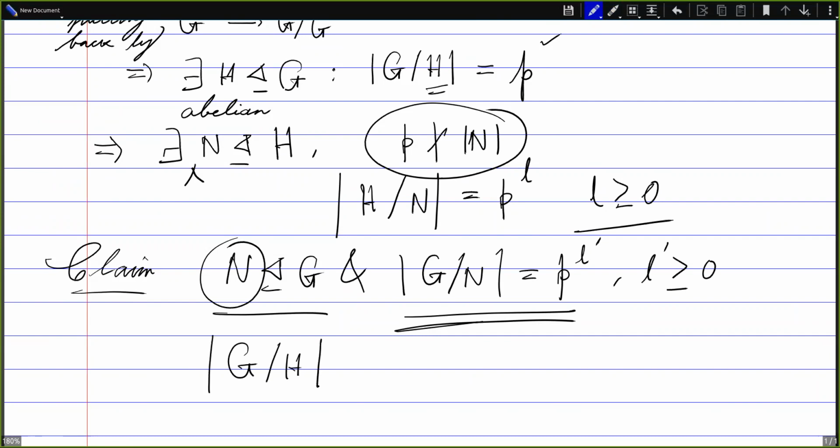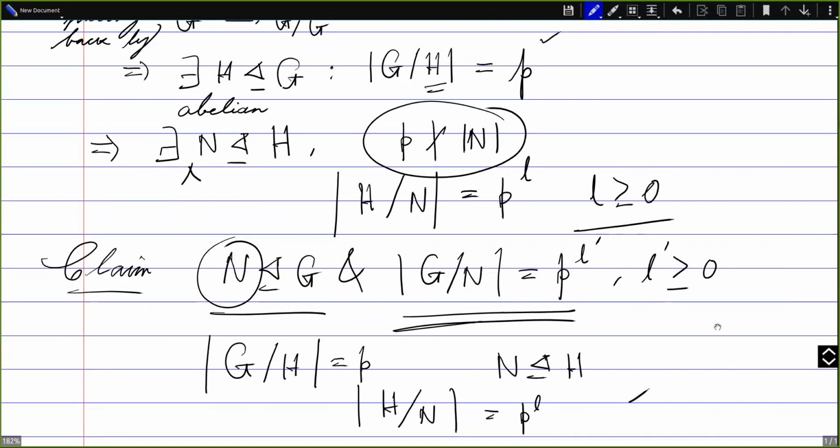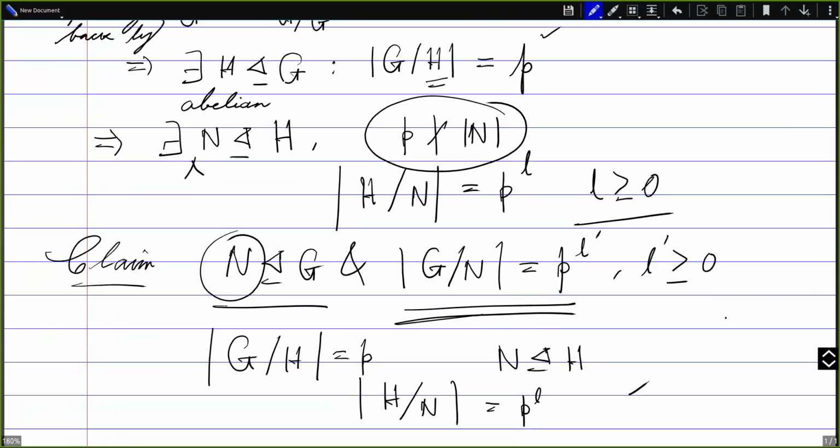Observe that this is P, and N is contained inside H such that H modulo N is P to the power L for some L, and H modulo N is P to the power L. So from that, I leave you to check that it is in fact P to the power L. So from this and that we will get this. I leave you to check.